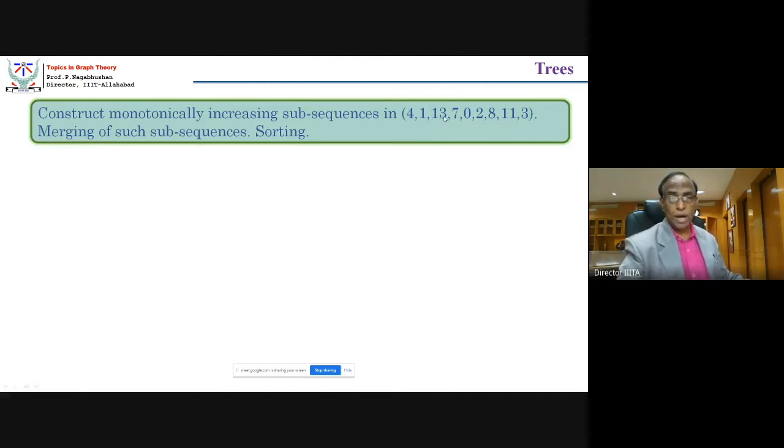Like that, I want to find out all monotonically increasing subsequences. Then if I merge all such subsequences, possibly sorting can be done. Of course, if you get all subsequences and merge, it may not be a good sorting algorithm. You may have to modify that algorithm. All right, you can modify that algorithm.